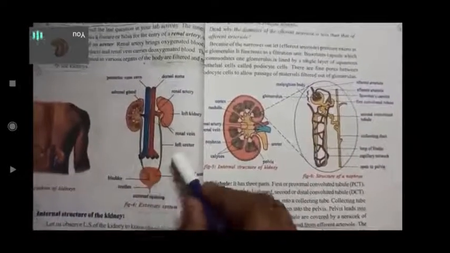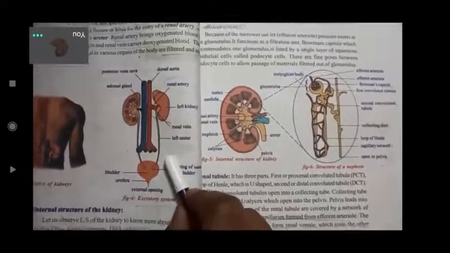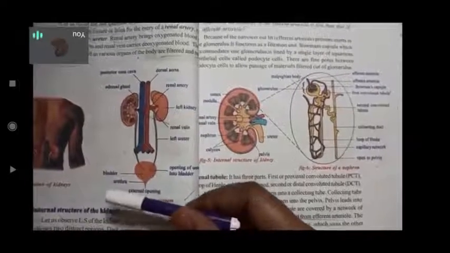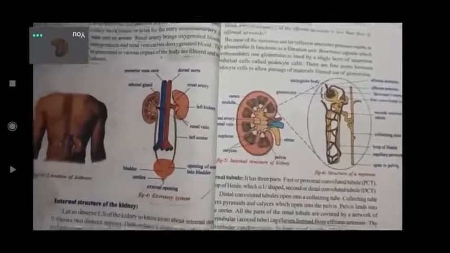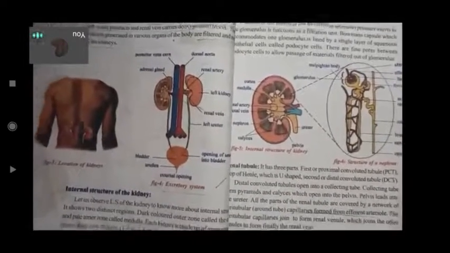Two ureters, left and right, we have, and the two enter the bladder, then the urethra, then the external opening. All these parts I will explain now.